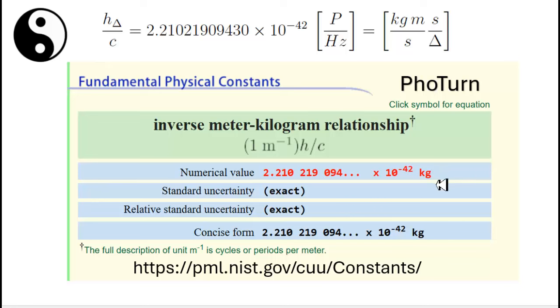This is a little perplexing because when you look at the units here, if I throw away the delta term and I cancel the two s terms, I end up with the units of kilogram times meter. But kilogram times meter doesn't really have any physical meaning, or anything that's very useful.